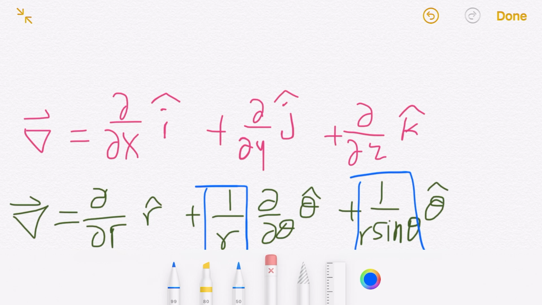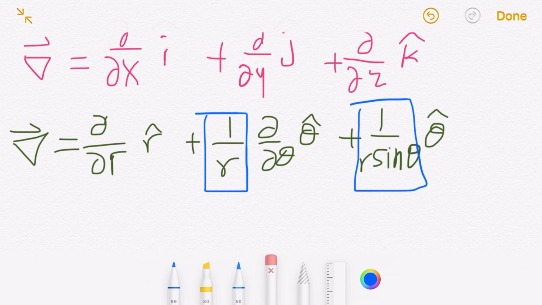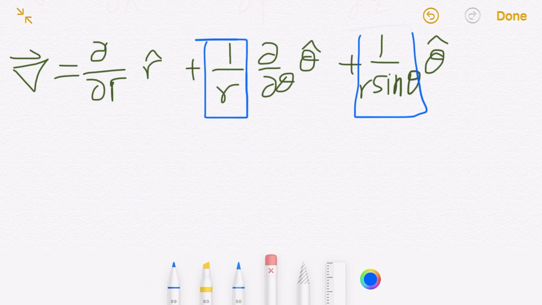But the gradient operator in spherical coordinates looks a bit more weird, where you have coefficients like 1 over r and 1 over r sine theta popping up for no reason. In weirder coordinates, the coefficients get worse. The method used to derive these coefficients in vector calculus at least is quite complicated, and it's a normie method to get such coefficients.